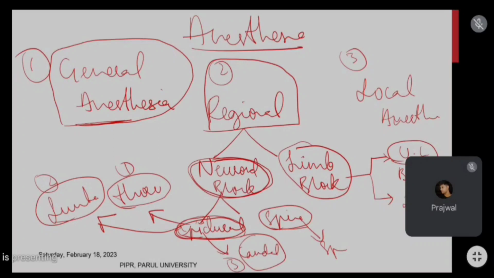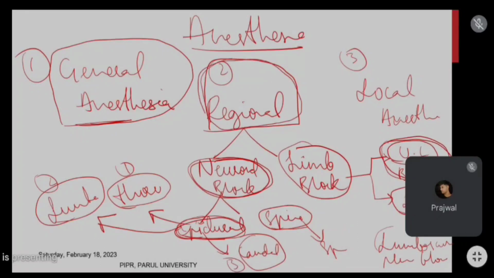These brachial plexus anesthetic drugs block the upper limb reflexes. And for lower limb anesthesia, we have lumbosacral plexus blocks. So these are all regional anesthetic agents.